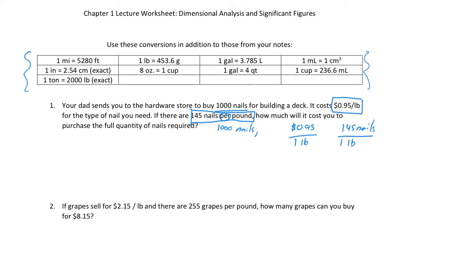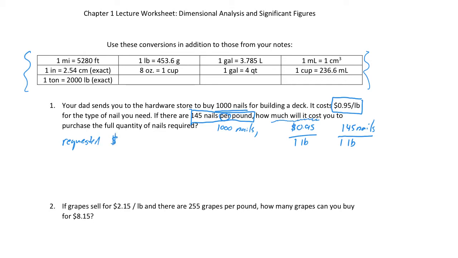Okay? So these are the figures that we're given, and then we're being asked, how much will it cost? Okay, so I'm going to put a little squiggly under this. So we're being asked about that, how much in terms of dollars. So we're being requested to give dollars.